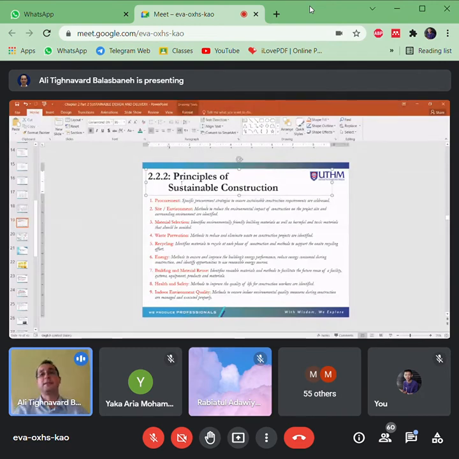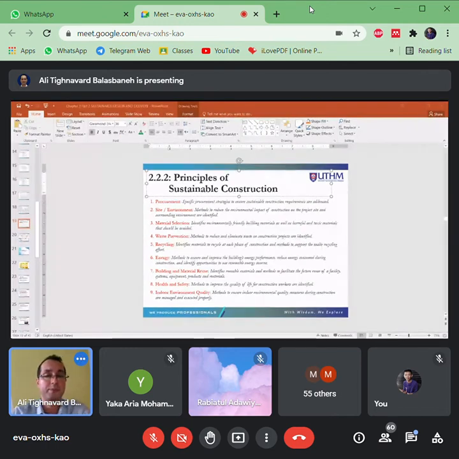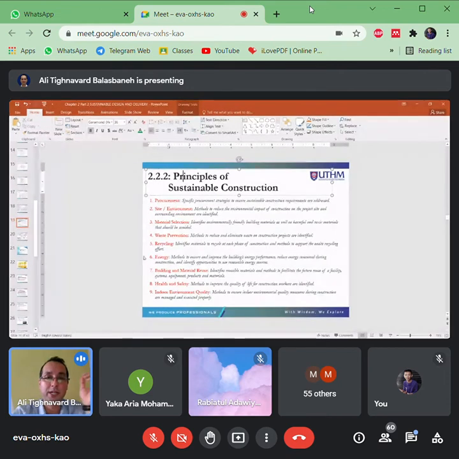So next, principles of sustainable construction. What are the principles? There are some indicators that you can see in the picture, such as procurement. I think we already discussed what procurement is, right?